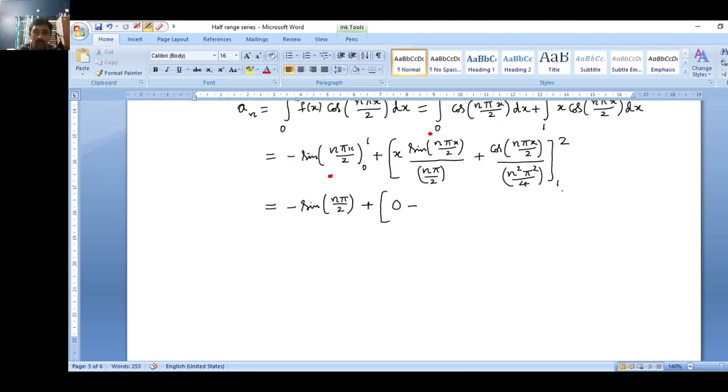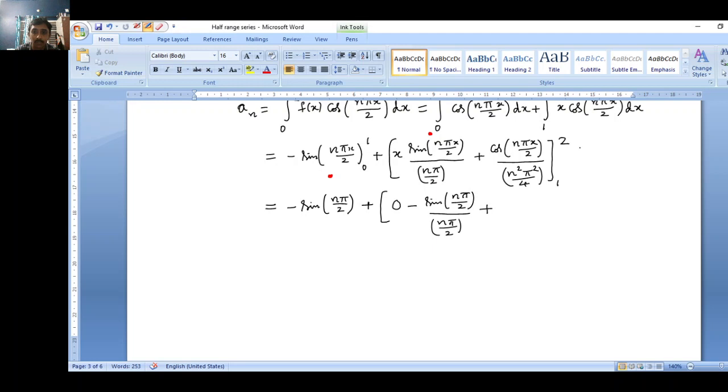And for the lower limit, I choose x as 1, so this will be x becoming 1, so just 1, and then sine n pi by 2 divided by n pi by 2, correct? So this is what we have for the first term.